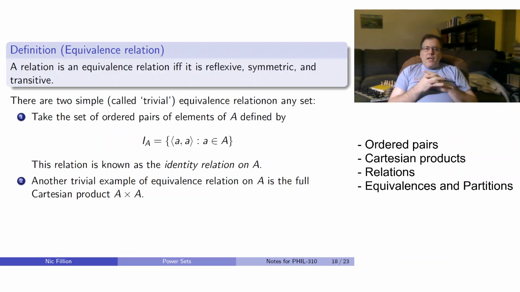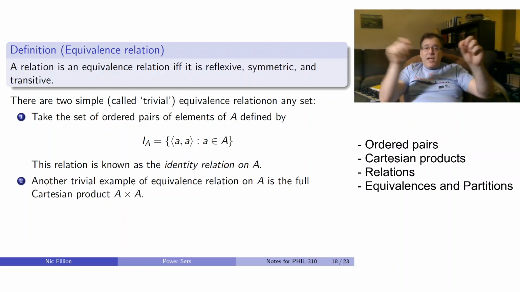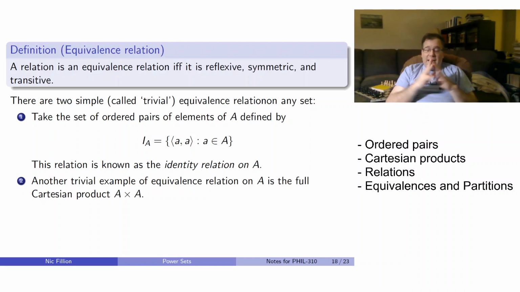And the second one is the entire Cartesian product that contains all the possible pairs of objects in A and B. I'm not proving it, but I'll just ask you to think about it intuitively a little bit, and I think you're going to be able to convince yourself that between any two objects there's going to be an arrow in both directions, and therefore it has to result in an equivalence relation.